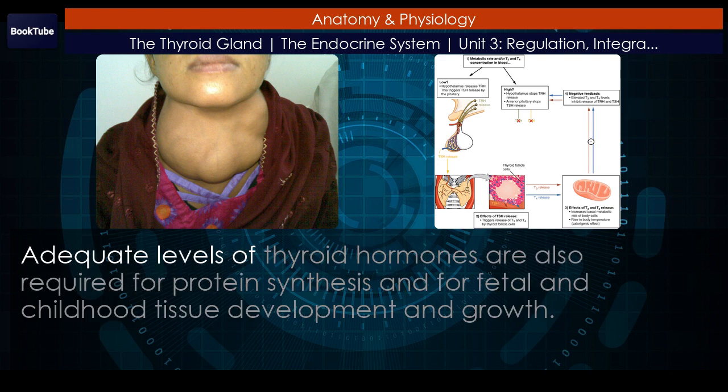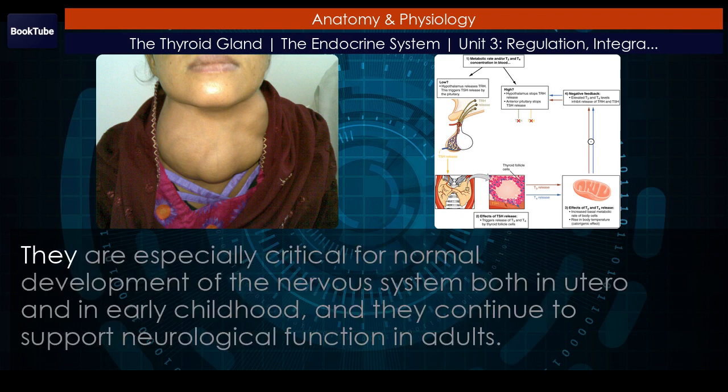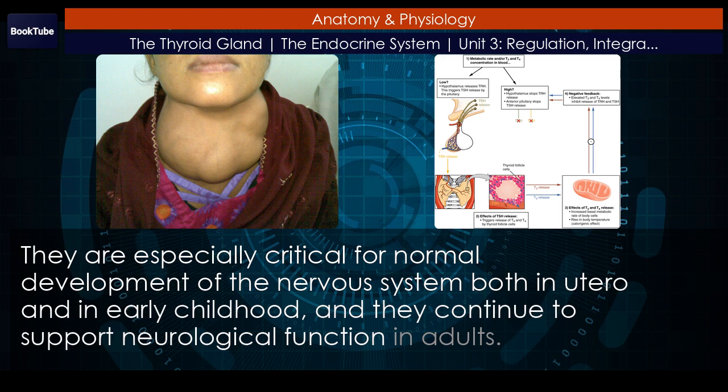Adequate levels of thyroid hormones are also required for protein synthesis and for fetal and childhood tissue development and growth. They are especially critical for normal development of the nervous system both in utero and in early childhood, and they continue to support neurological function in adults.